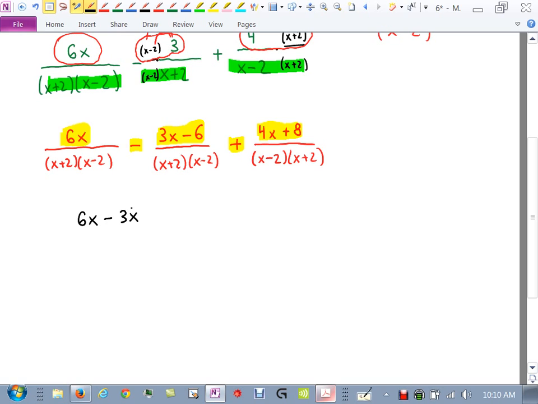Go ahead and do the changing of signs now: plus 6. Then this minus right here only affects these two. And now plus what? 4x plus 8, all over the x plus 2 times x minus 2, which is my LCD.